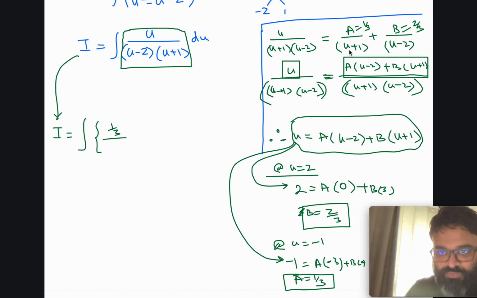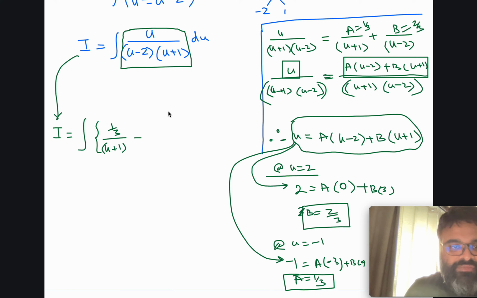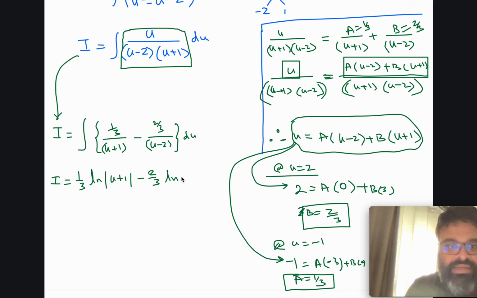Now 1 over 3 is just a constant, so if you integrate this, it will be 1 over 3 ln absolute value of u plus 1 minus 2 over 3 ln absolute value of u minus 2, plus the constant of integration c.